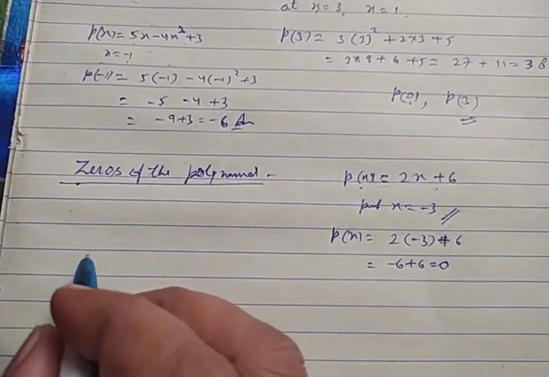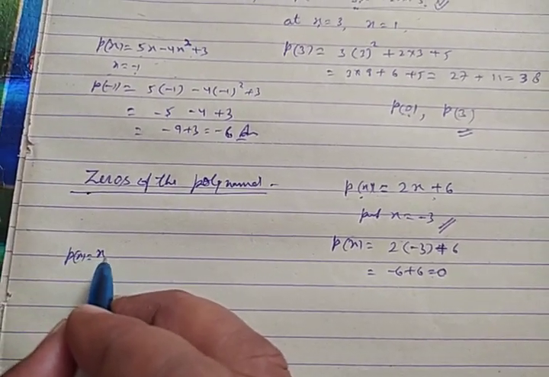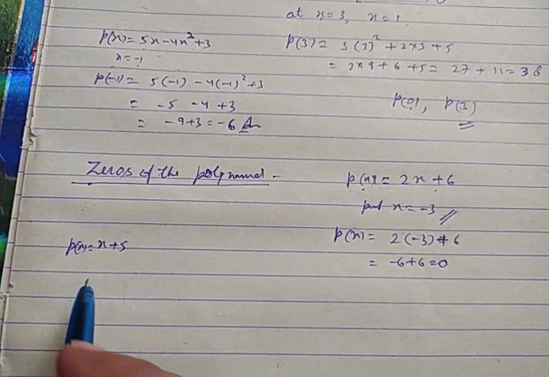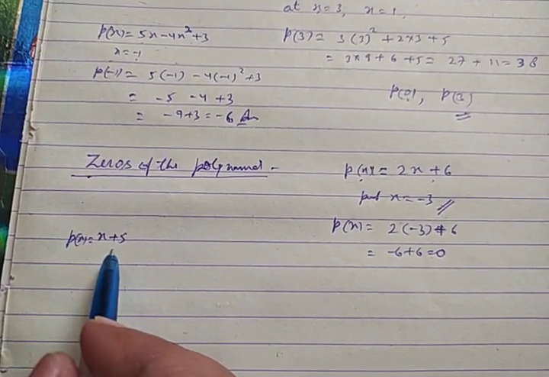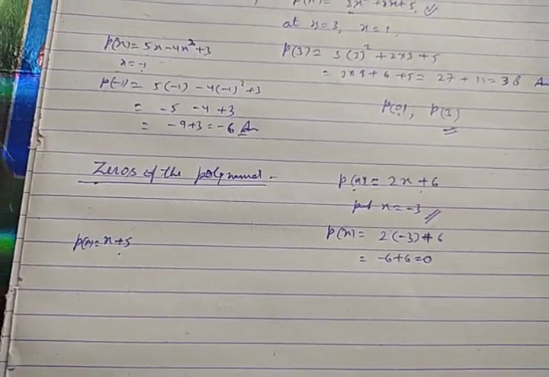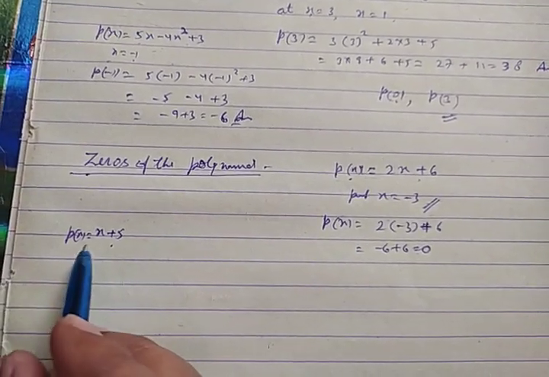Suppose you have been given a polynomial p(x) equal to x plus 5, and it has been asked to find the zeros of the polynomial. If zeros have been asked, you should understand that it is the value of x at which this p(x) becomes 0.